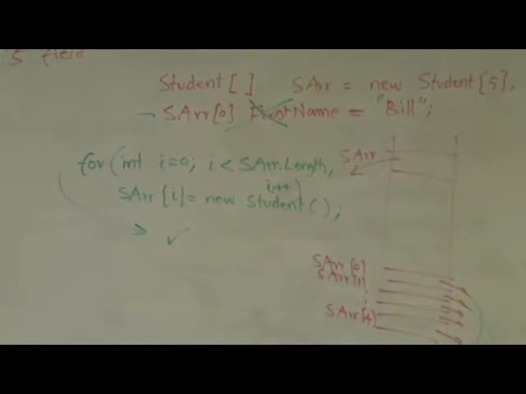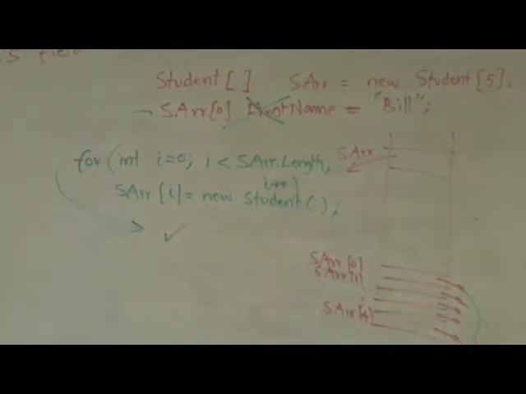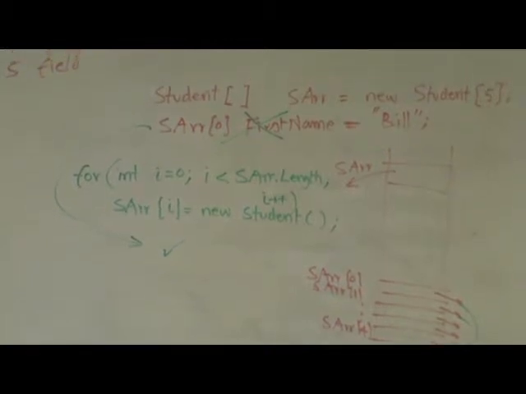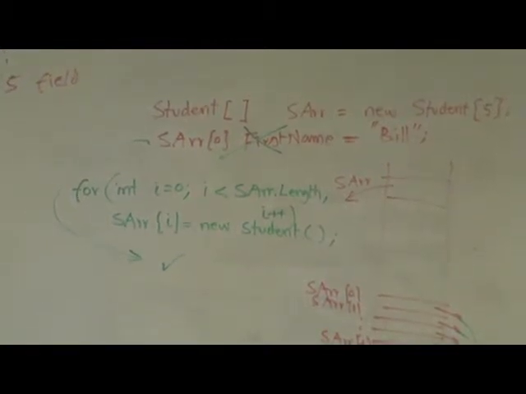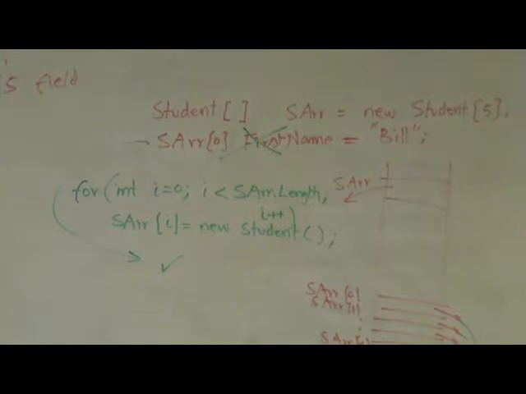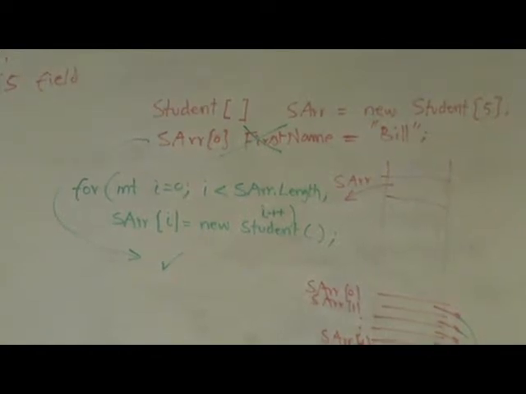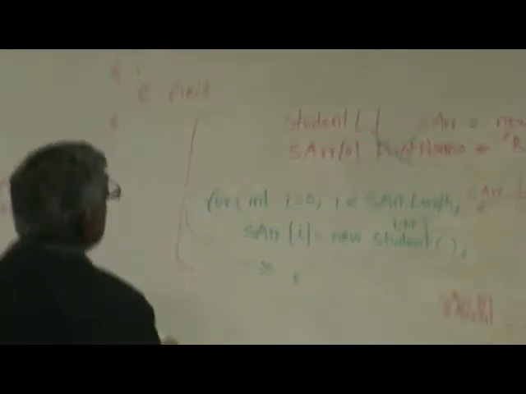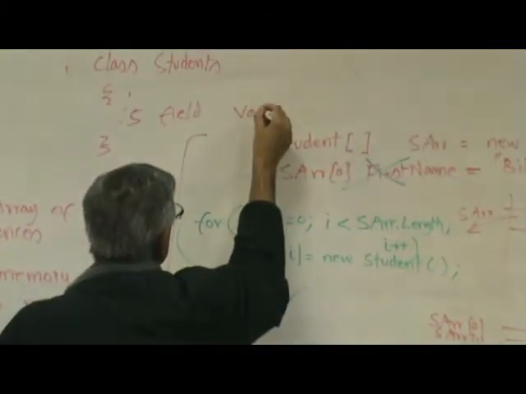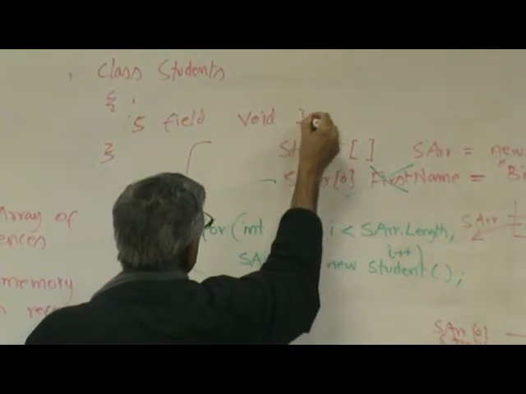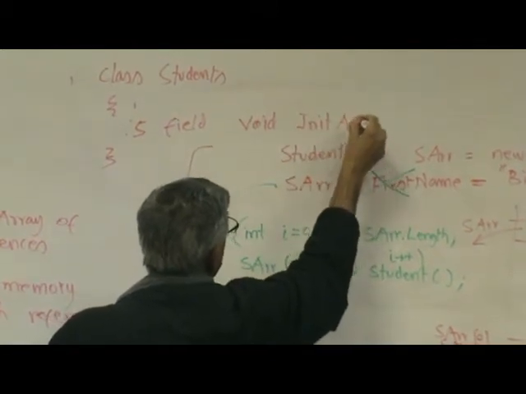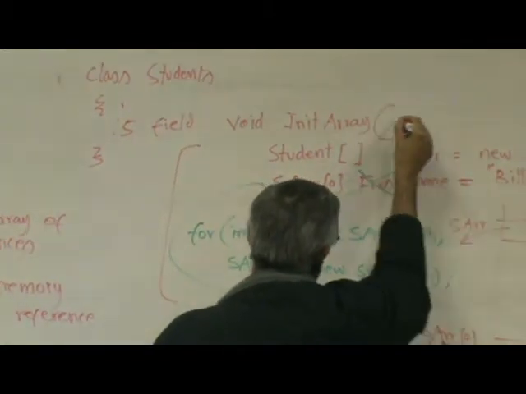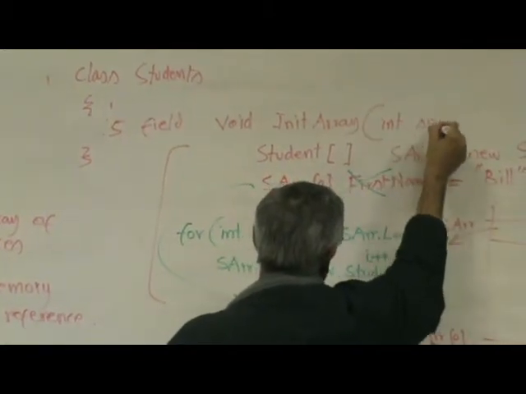Okay. So now, what if we wanted to write a generic method so that it can create an array of any reference type? Okay. So let's take a look over here. Suppose we wanted to call this method void init array, and int size.